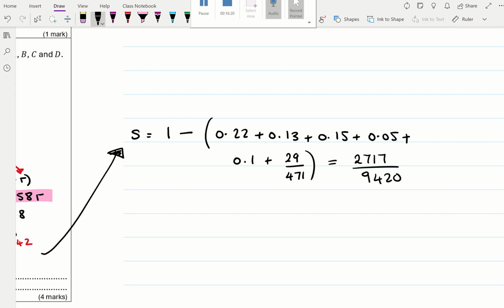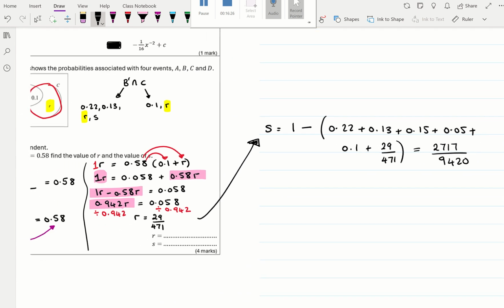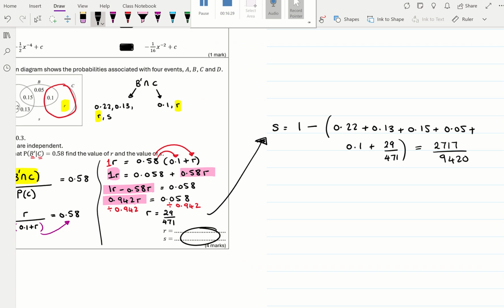And again, leave it as a fraction. If it's a big number, you don't need to round. So we found R and S, and do write them in the right place.